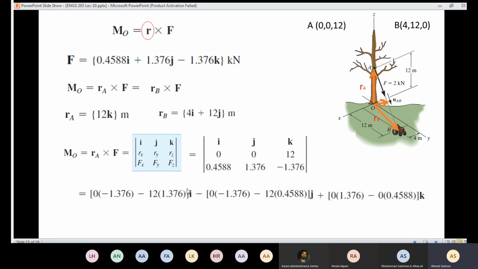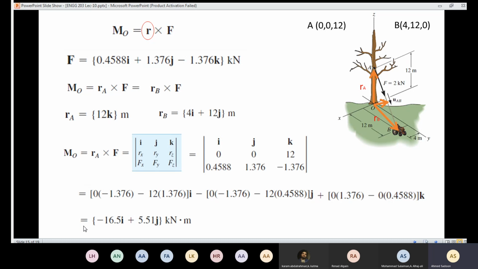Regarding the j, remember we need to put the minus here first, then cross that one, I'm going to put j. I'm going to have 0 times that one minus this one times that one, followed by the letter j, plus for the element k, cross that one, I'm going to put k, then I'm going to get 0 times that one minus 0 times that one.